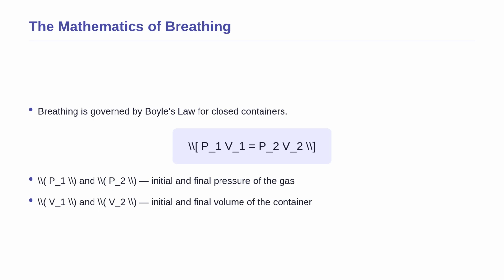P2 and V2 represent the final pressure and volume after the container changes size. In plain English, if you double the volume of a space, the pressure inside gets cut in half. Conversely, if you squeeze the space, the pressure shoots up. When your diaphragm contracts, your lung volume increases, which forces the internal pressure to drop below atmospheric pressure, drawing air in.